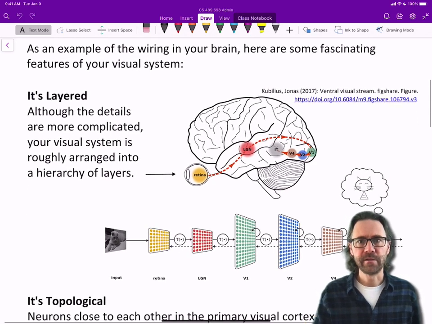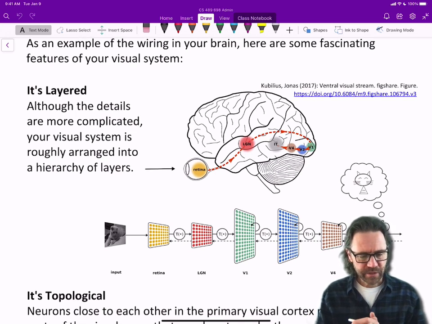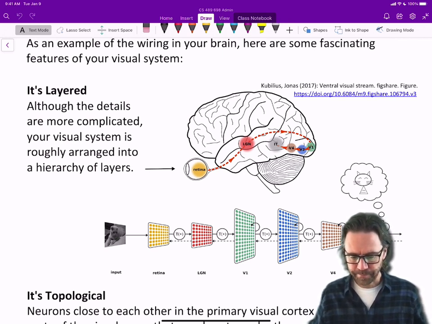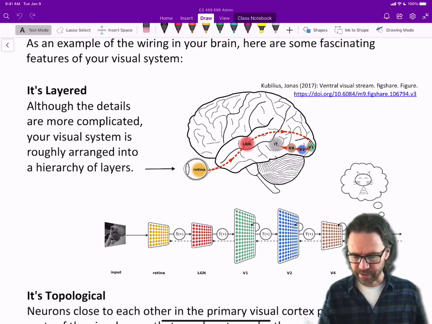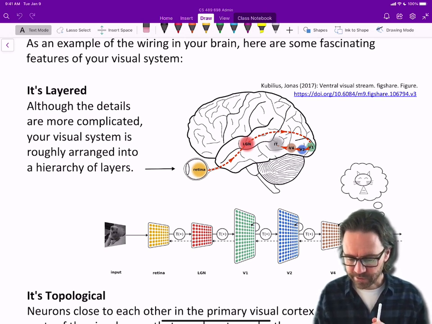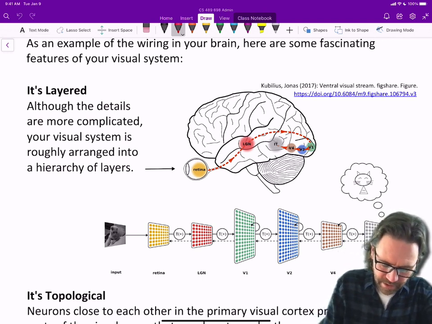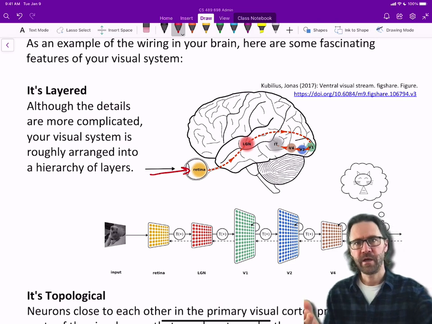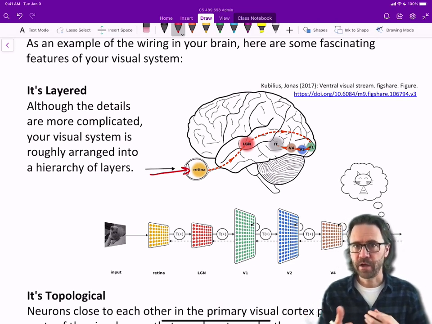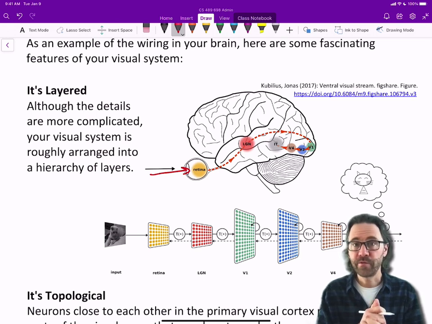So first of all, it's layered. Although the details are more complicated, your visual system is roughly arranged into a hierarchy of layers. Here I'm showing this graphic from Jonas Kubilius. You can see the information goes into your eye and activates photoreceptors on the retina. The retina actually has a bunch of neurons in it.